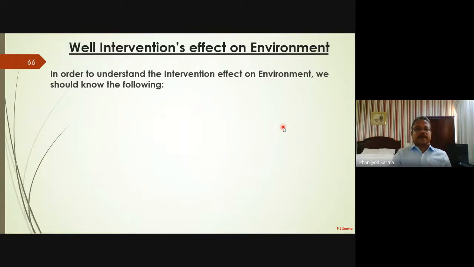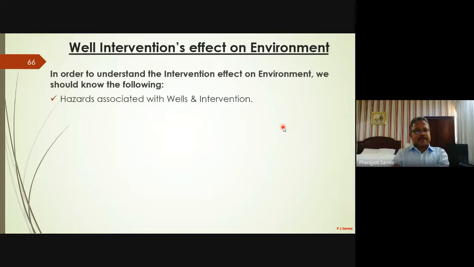So now I have almost covered the unit with which the operations are carried out, as well as the purposes of the operations. Now, in order to understand the effect on the environment or waste generation during the process of well intervention, we need to understand certain hazards.